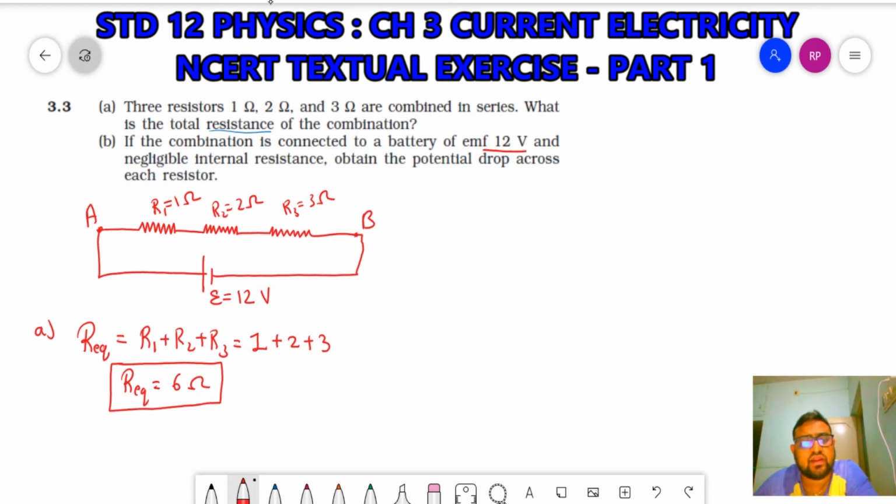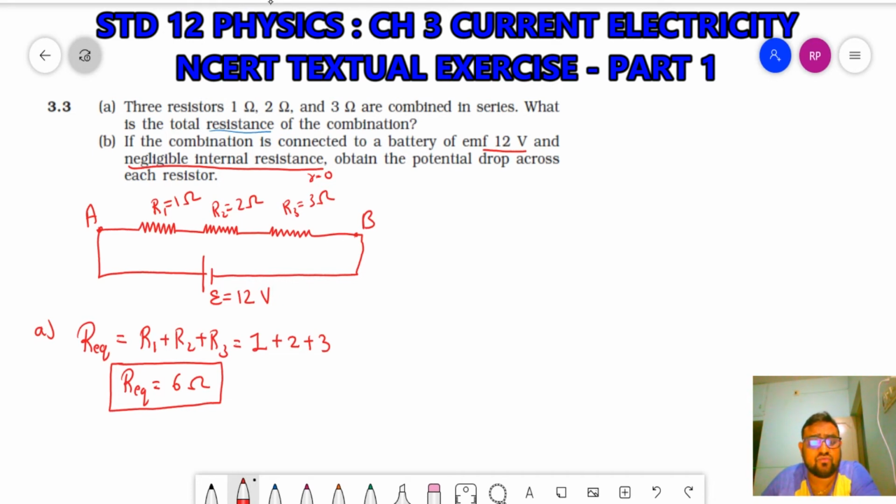Now you have to find out the potential drop across each resistor. See, it is given negligible internal resistance, right? So this means that I can take small r equal to 0 compared to R1, R2 and R3, negligible.